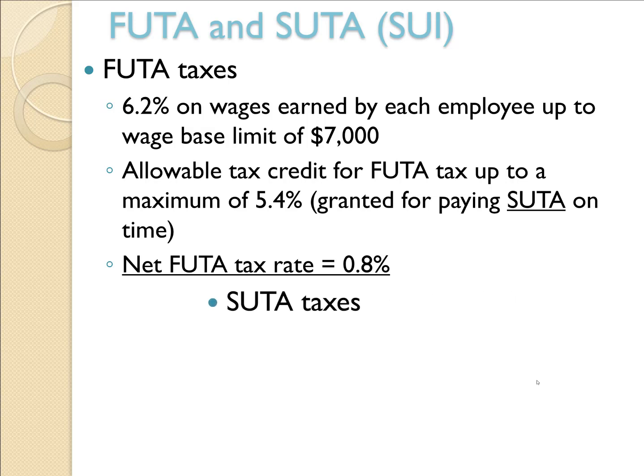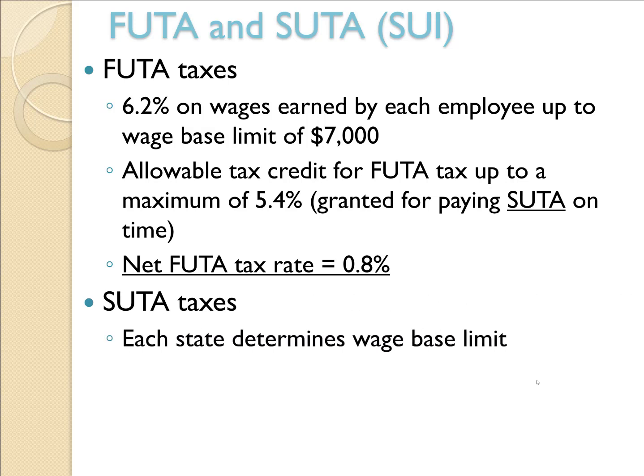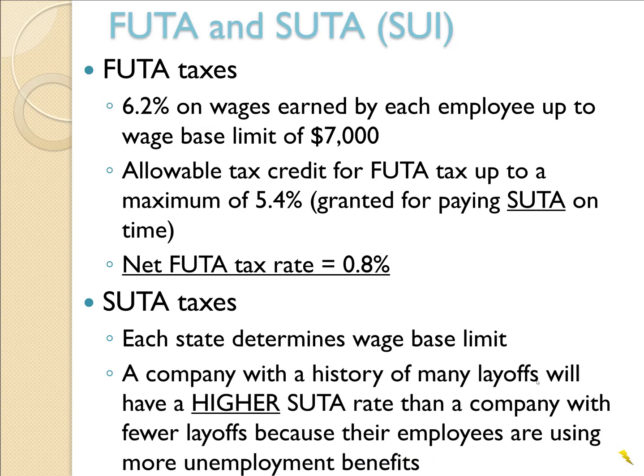Now, how about SUTA taxes? Each state determines the wage base limit, and our homework is going to assume it's $7,000, same as FUTA. But what percentage does each company pay? That depends on the company.